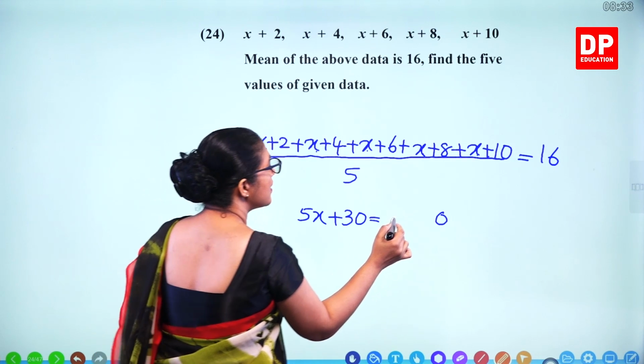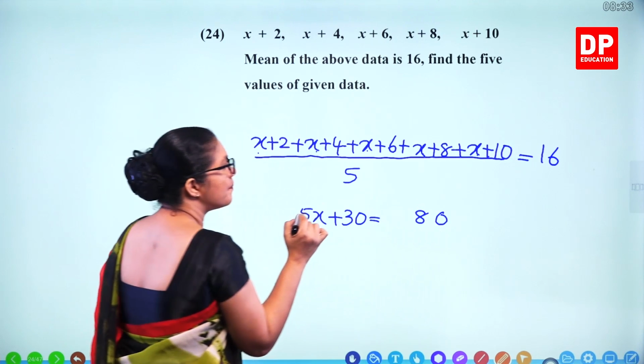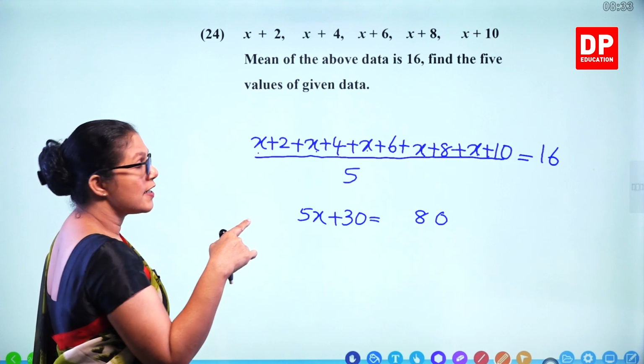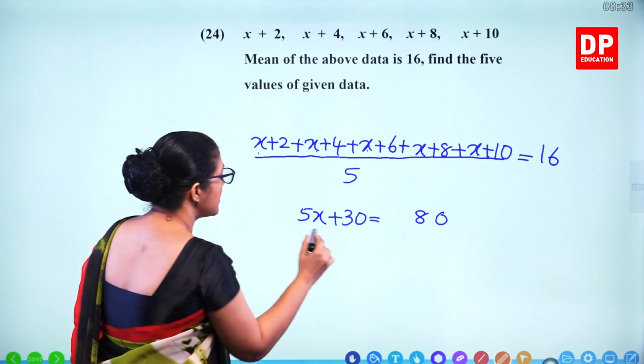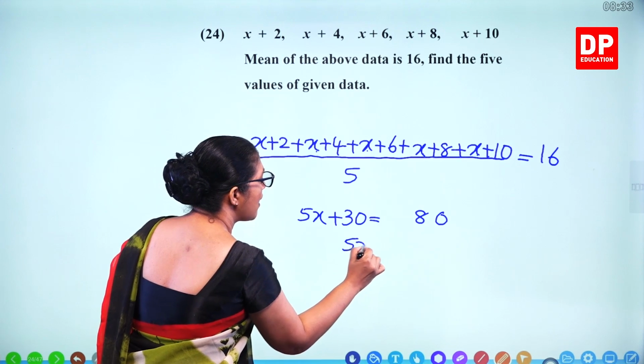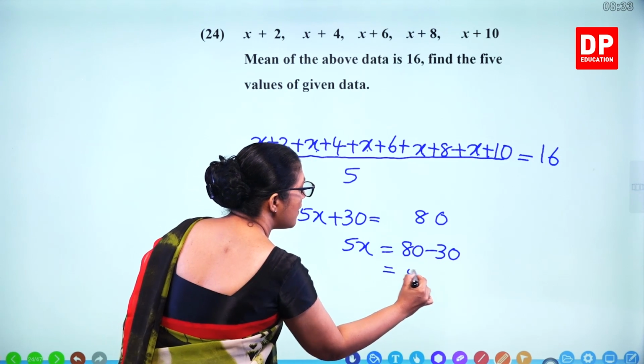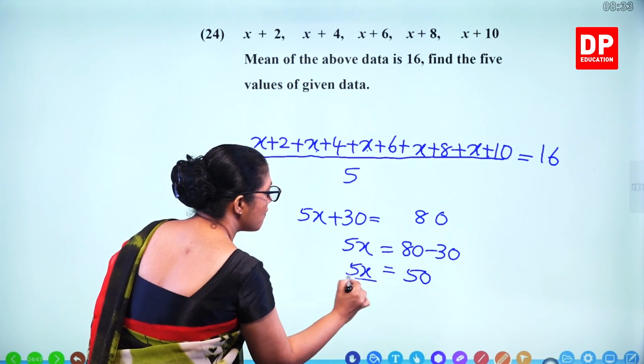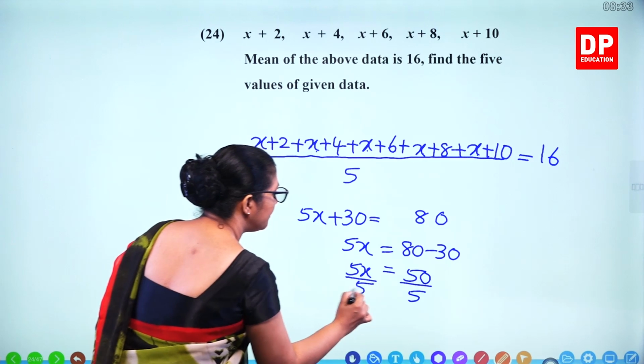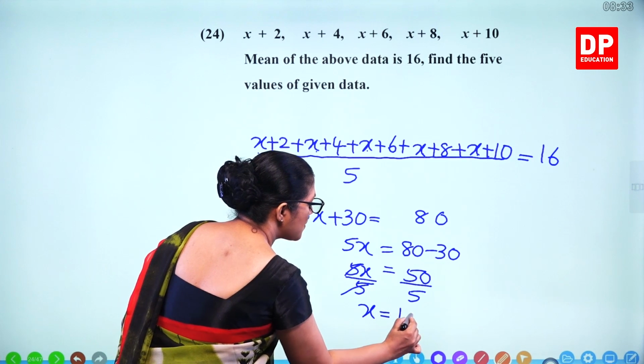You get 80. 5 times 6, 30. 5 times 1, 5 plus 3, 8. Now we can solve. 5x becomes 80 minus 30. You take 30 to the other side. That's 50 is 5x. Divide both sides by 5. x becomes 10.